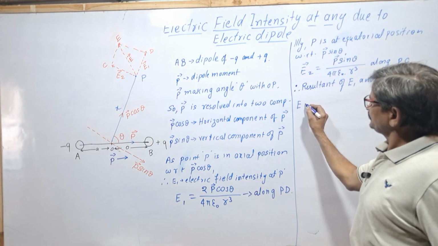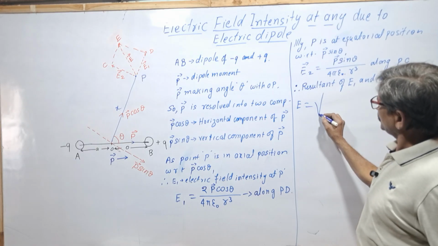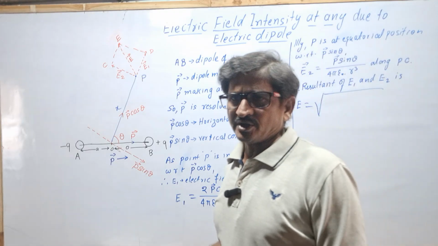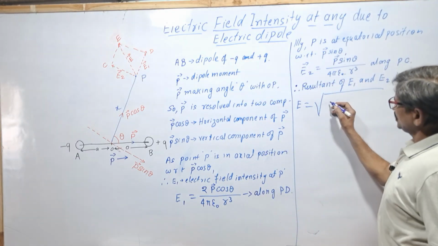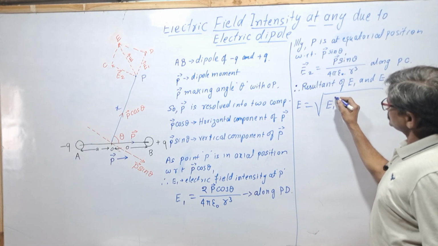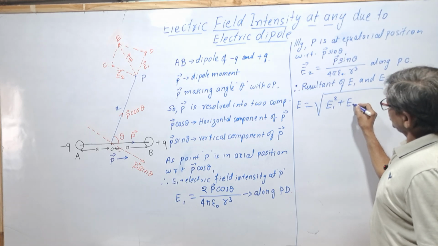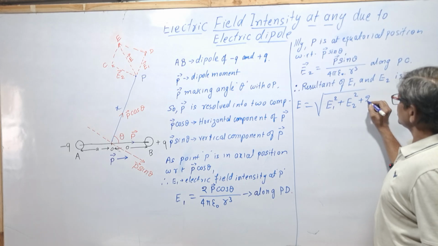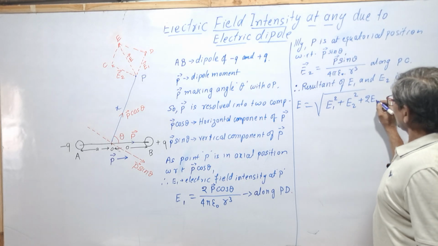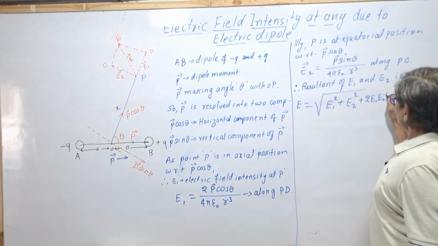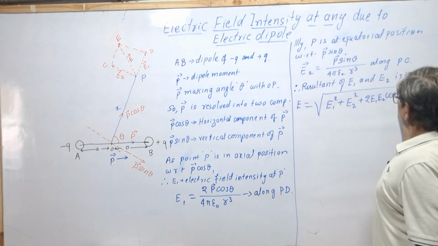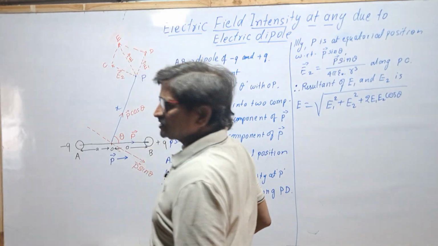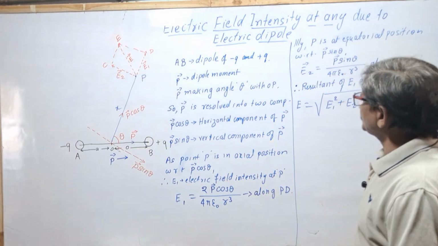That is E equal to the square root, according to vector addition, of E1 squared plus E2 squared plus 2 E1 E2 cos theta. And here the remaining term becomes 0, because the angle between E1 and E2 is 90 degrees.